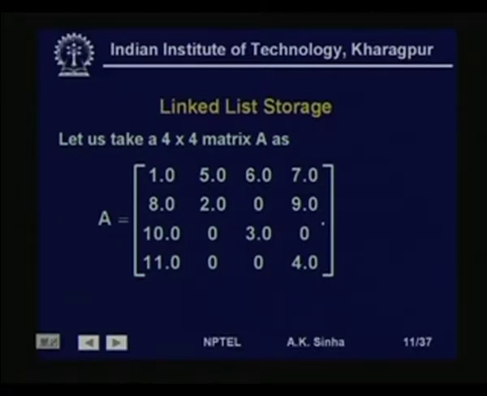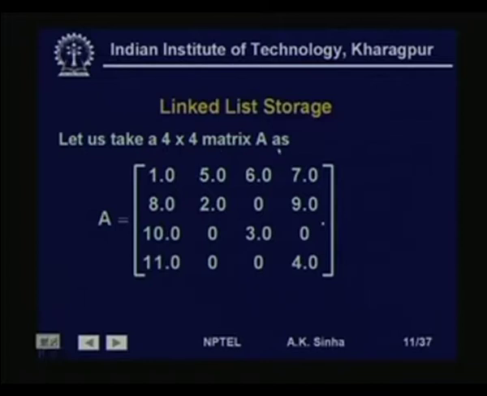So, how do we store these elements as a linked list? Let us, for example, take a very small 4 by 4 matrix A. So, A is given here as shown. The diagonal elements are 1, 2, 3 and 4.